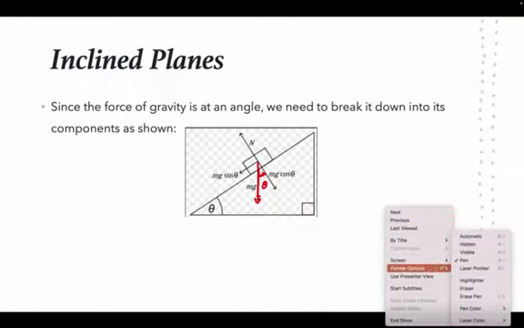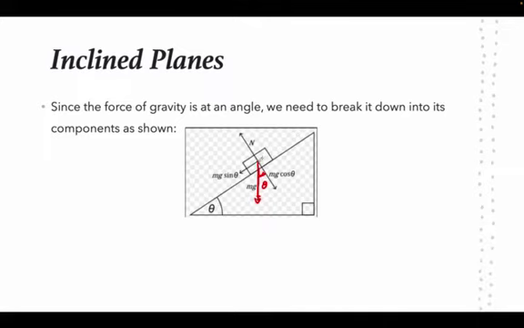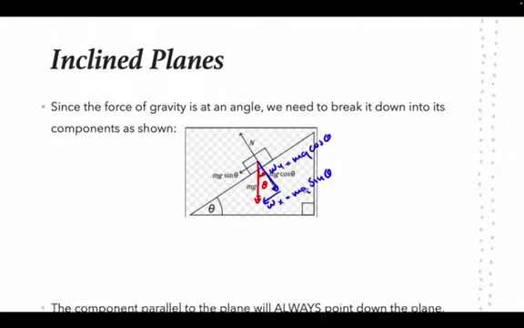So if we want to break this down, it's going to have a vertical component and a horizontal component, usually known as Wx and Wy. Wy will be equal to mg cosine theta, and Wx will be equal to mg sine theta. This way, we can always include all our forces in our analysis of problems.